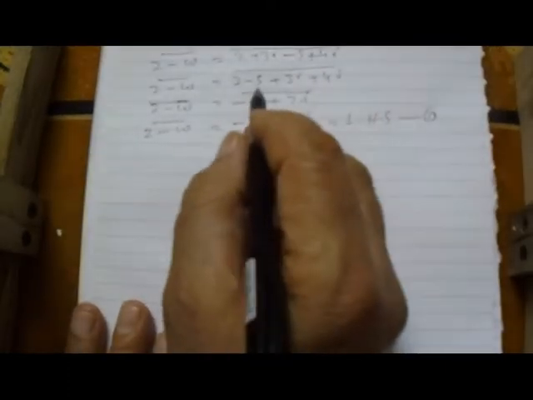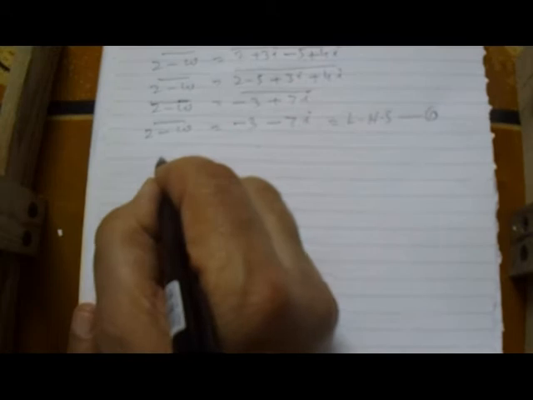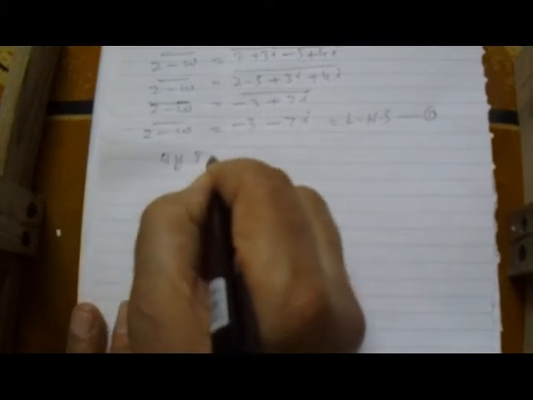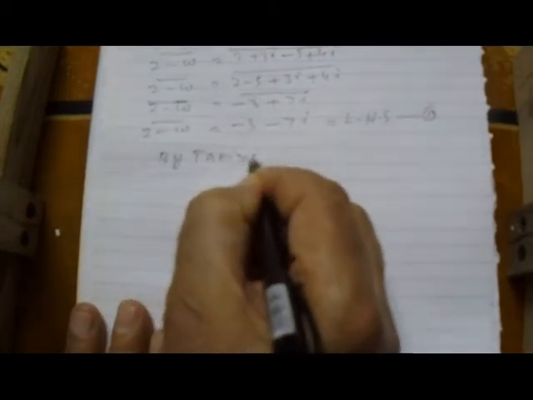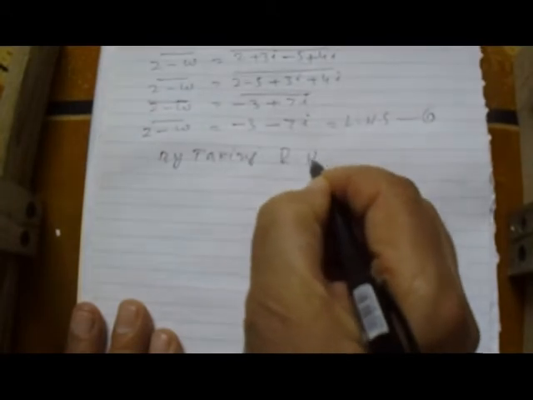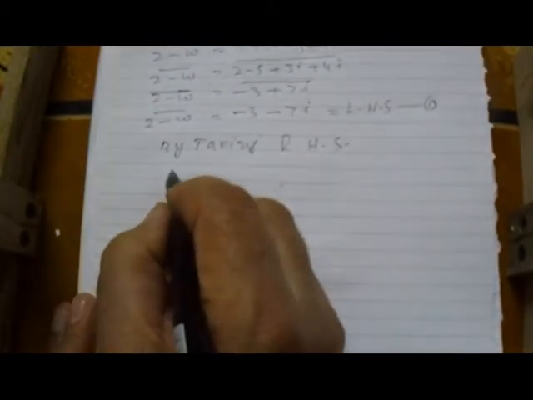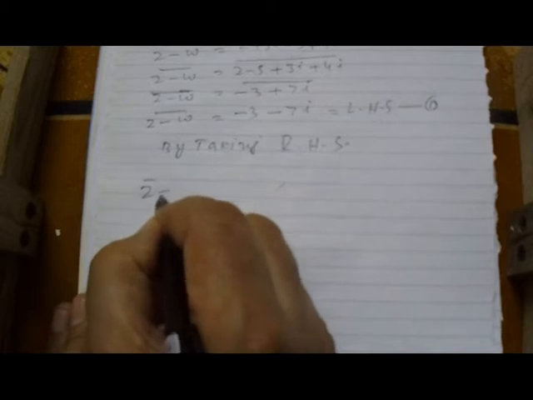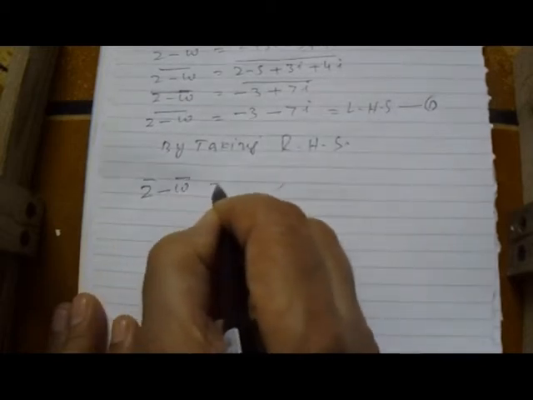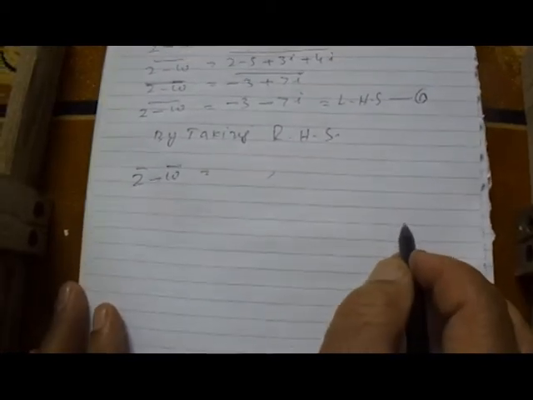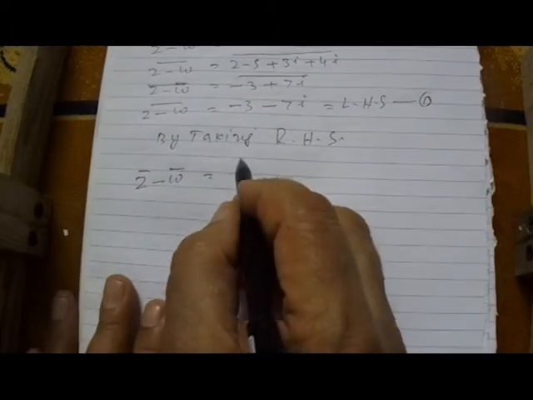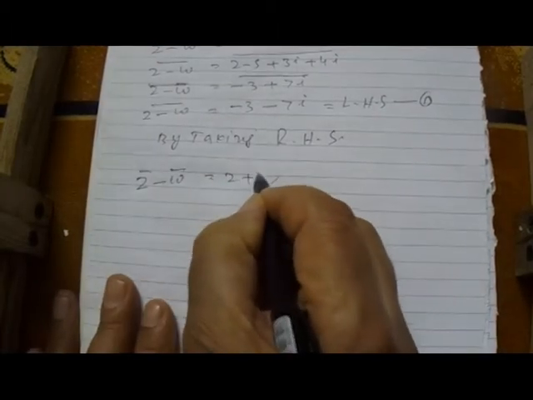Again we write right hand side. By taking the right hand side, it is equal to z bar minus w bar. Now first we write z bar, and z is equal to 2 plus 3 iota.